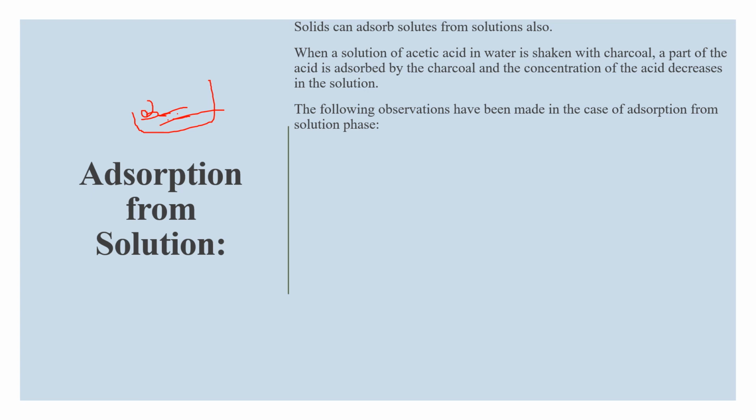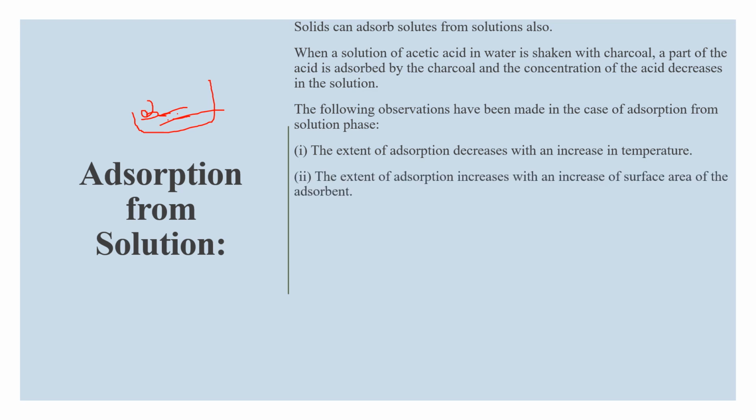From this, the following observations have been made in case of adsorption from solution phase. First, the extent of adsorption decreases with increase in temperature. Second, the extent of adsorption increases with increase of surface area of the adsorbent.